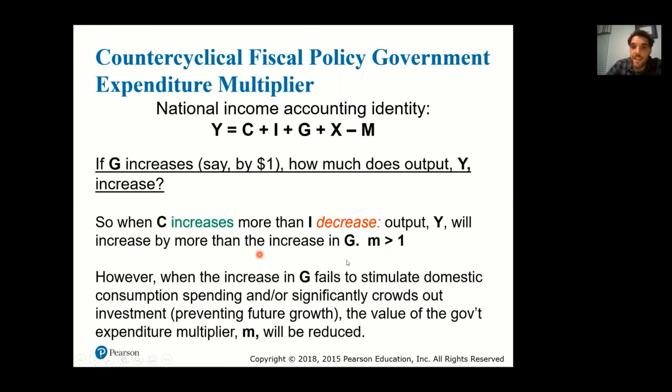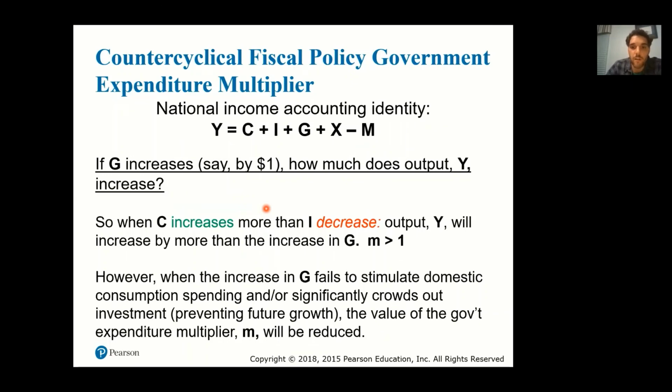However, if a lot of investment is crowded out, partially because the government is already running a high deficit and they have to borrow even more, creating even more crowding out, well, then the effect of the expansionary policy could be relatively small. So the question is, when does an increase in government spending lead to a large increase in consumption and a relatively small decrease in investment.